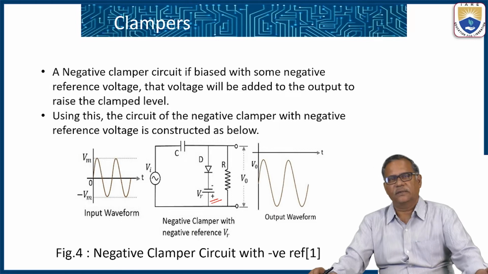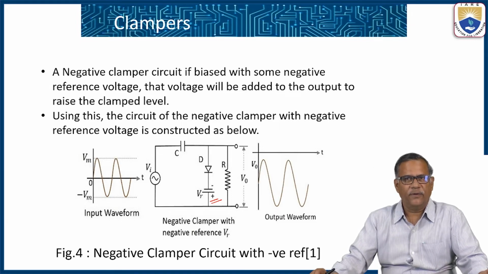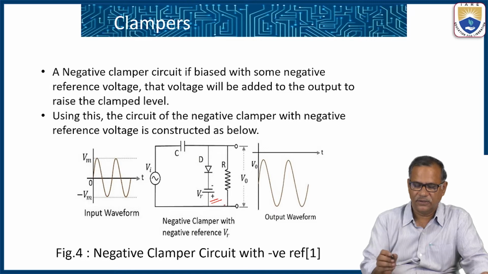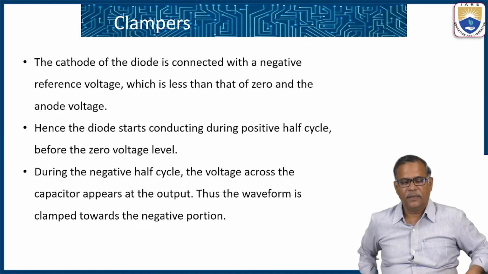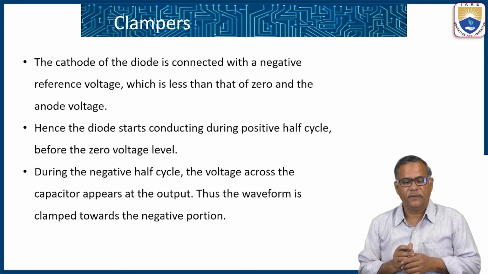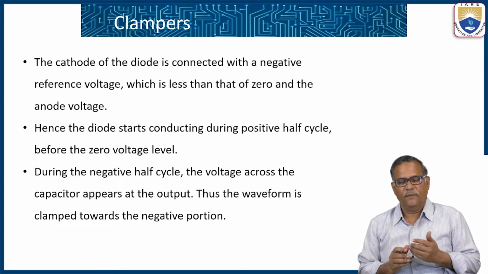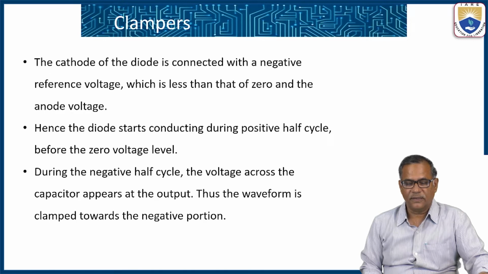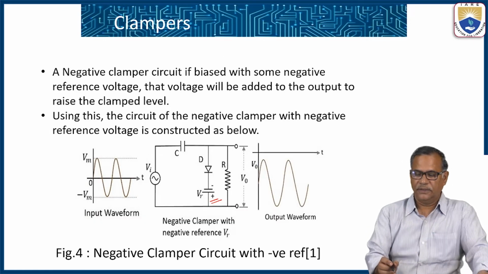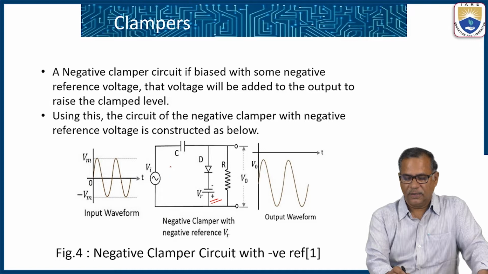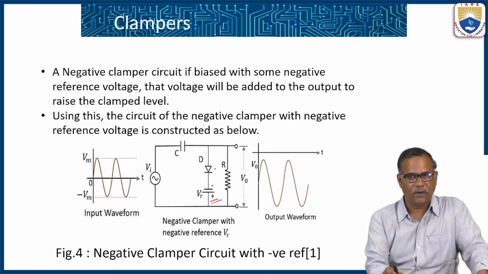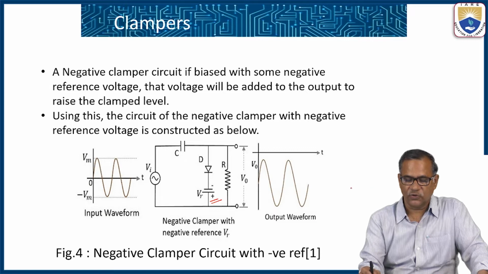Using this, the circuit of the negative clamper with negative reference voltage we can construct as shown here. Here the cathode of the diode is connected with the negative reference voltage, which is less than 0 and the anode voltage. When the circuit works like this, during the positive half cycle the diode is forward biased and the capacitor gets charged to Vm plus Vr.